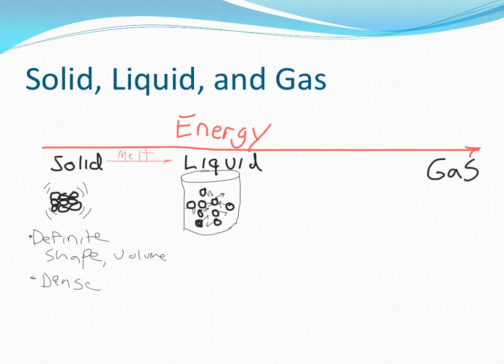Now, notice there's not a whole lot of space between them. So because there's not a whole lot of space between them, it still is not very compressible. So we're going to say that liquids have a definite volume, but not a definite shape.